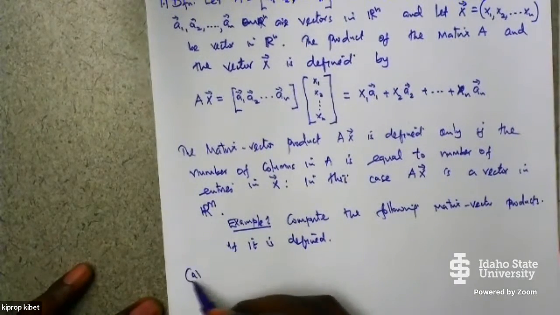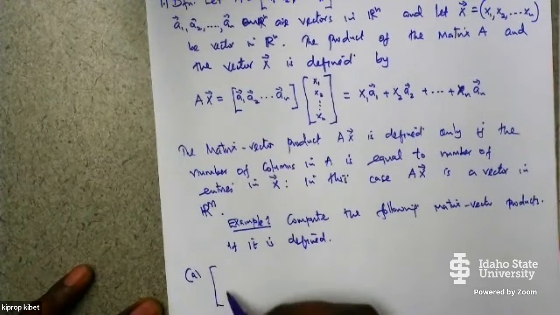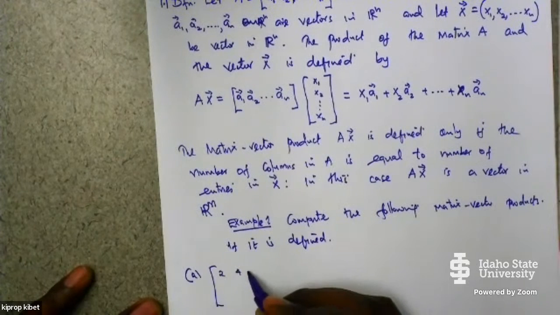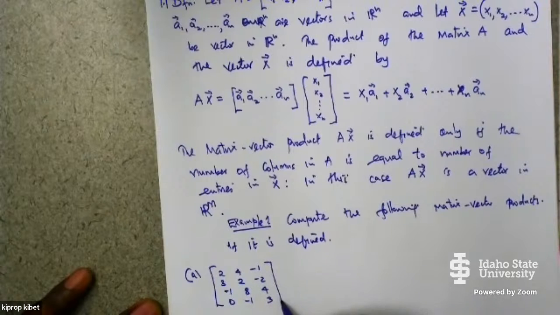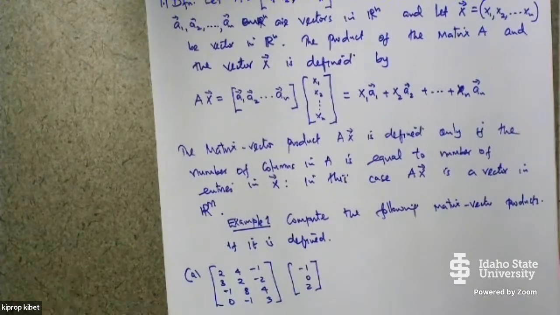The first one has the matrix with rows 2, 4, -1; 3, 2, -2; -1, 8, and 4, and the vector with entries -1, 0, and 2.